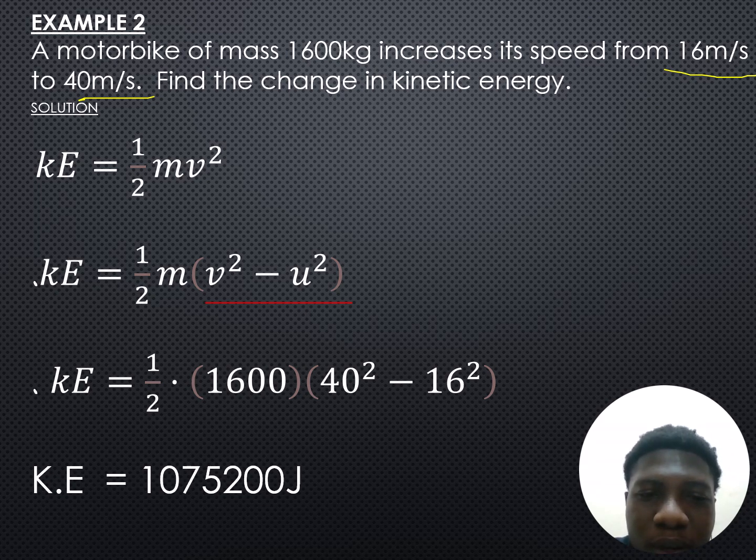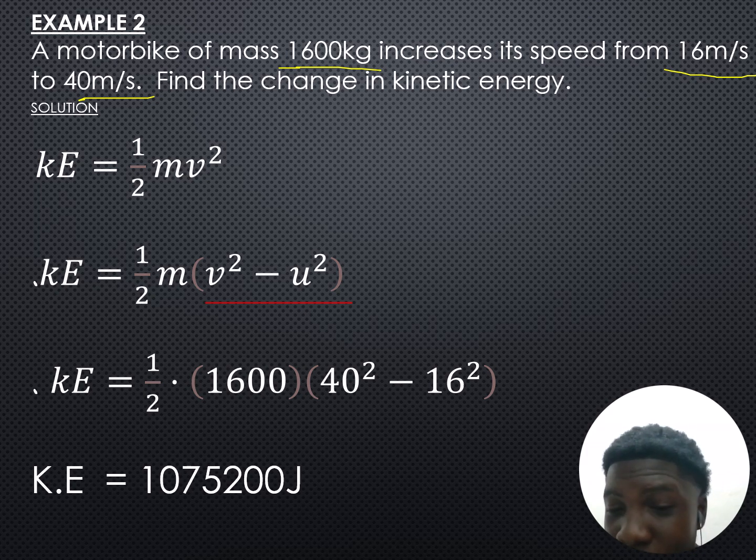So we are given our mass to be 1600 kilograms. You can be given the mass in grams, kilograms, different units, but you have to convert, make sure it's in kilograms. Maybe in another video we are going to talk about how to convert one unit to another. So here we have 1600 kilograms, and we have our initial.